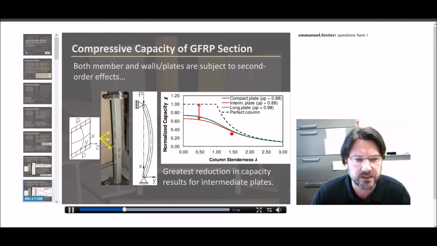And what's interesting is because of this interaction, we actually see a greater reduction associated with intermediate plates, plates that fall between compact and slender, and we have a greater reduction in this region here. Certainly as we go out to very, very long columns, Euler buckling takes over and plate effects are minimal, as we will also see experimentally.